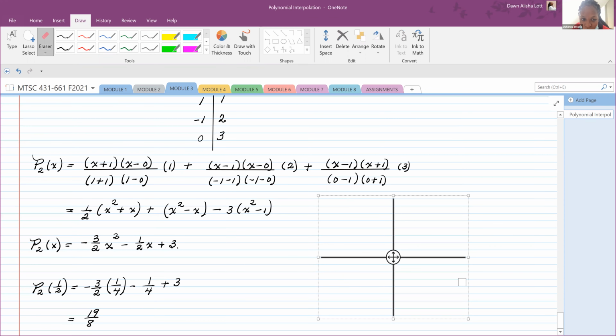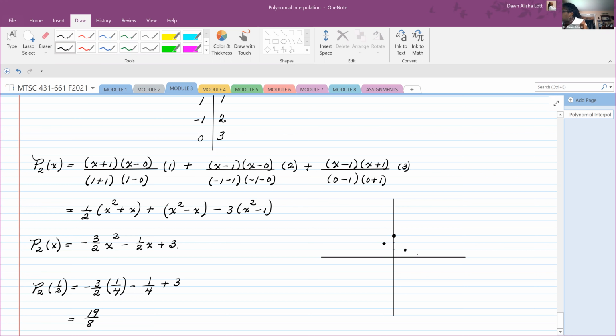Okay, so I had the points. So here's the point 0, 3. So here's 0, 3, and then -1, 2. So -1, 2 would be there. And then 1, 1 would be here.